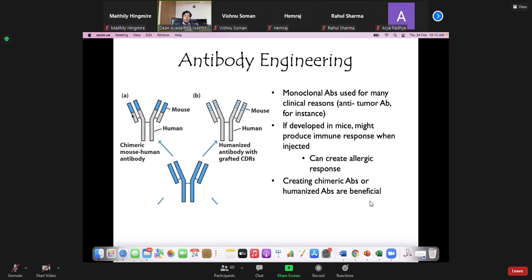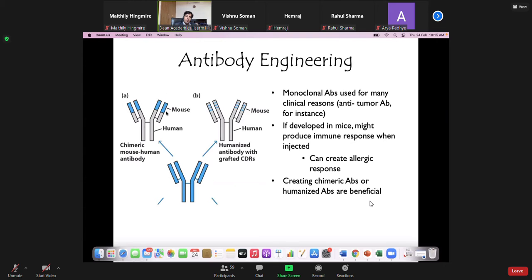Anyways, you change the constant region of this antibody in both heavy and light chain, right? Your antigen binding portion remains from the heterologous species, but you know that if you look at the immunogenicity, the maximum immunogenicity is present in the constant region.